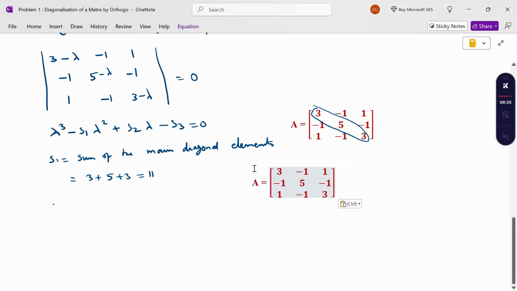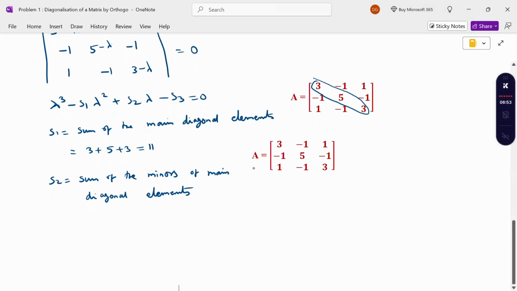Then S2. S2 is the sum of the minors of the main diagonal elements.